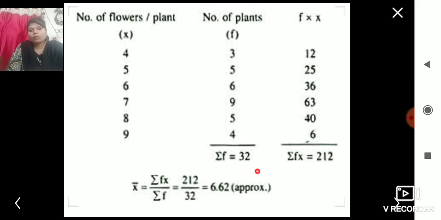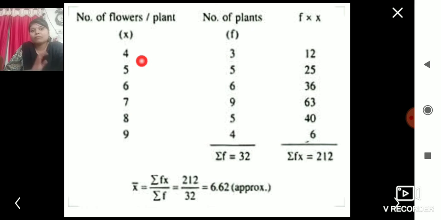The total of this particular number, that is 32, divided by the total adding up of all those numbers, gives you 212 as the answer. So divided by that is the 32. So see here, the number of plants, the number of flowers in this particular plant.